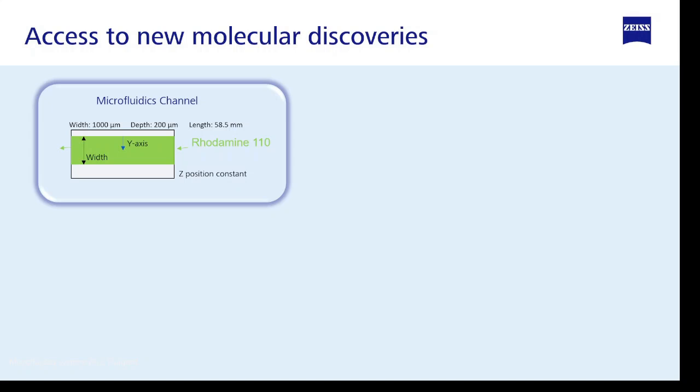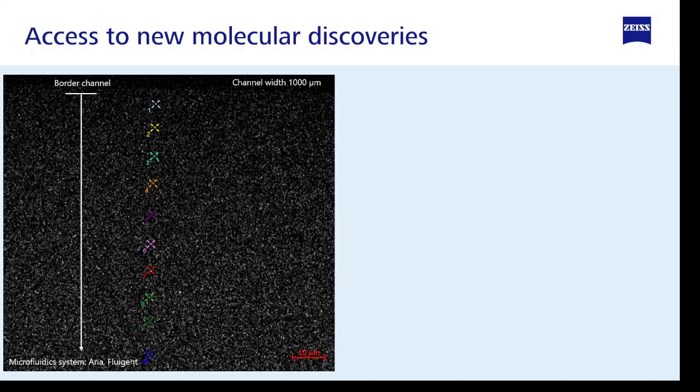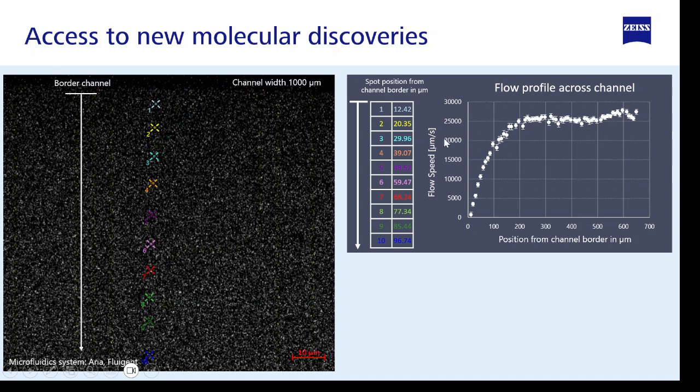Dynamic Profiler can offer some options to measure that. For example, we can fill the microfluidic chamber with rhodamine and place the measurement spot from the border to the center of the channel, and we can get the exact flow speed at a certain spot.